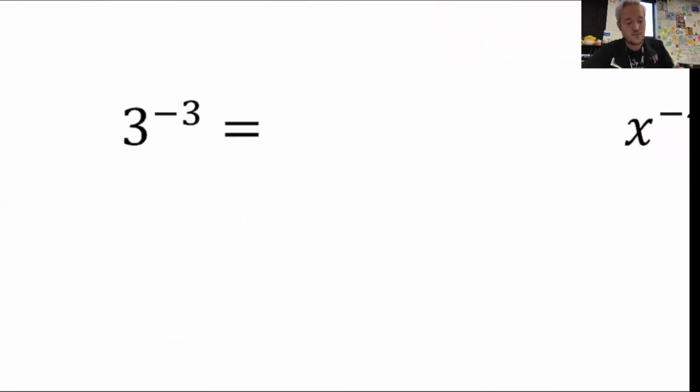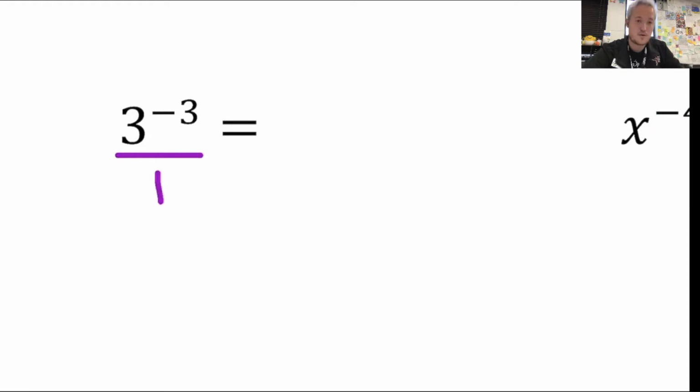All right, so to start off, we have 3 to the -3rd power. I'm going to turn this into a fraction just so we can get a better visual. So I'm going to start off with 3 to the -3 all over 1. Because of this negative exponent, this entire value is going to go to the other side of the fraction.